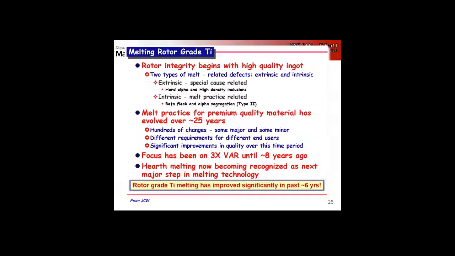Nitrogen-rich inclusions and high-density inclusions are things like tungsten that segregate together. And then beta fleck, caused by local composition fluctuations due to partitioning, which move your transus up and down. If your eutectoid shifts up and down because of local composition fluctuations, it gives you very different microstructures. We'll talk about that with the beta alloys.